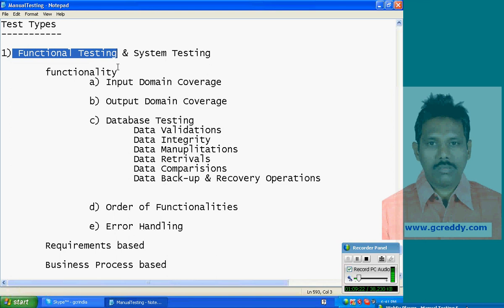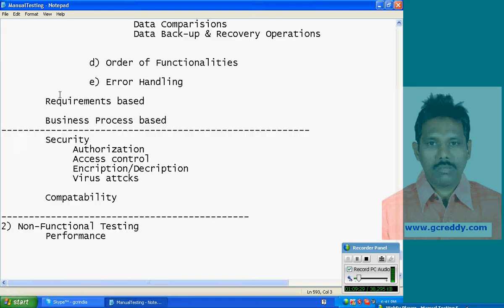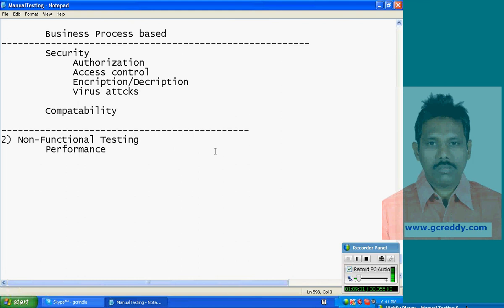It is mandatory for every application, and 80 to 85% of jobs are also in this area. Next, non-functional area is 15%. But so many sub-levels are there, so many subtypes. But in the functional area, two or three only: functionality, security, compatibility. 80 to 85% of market revenue and job market also.